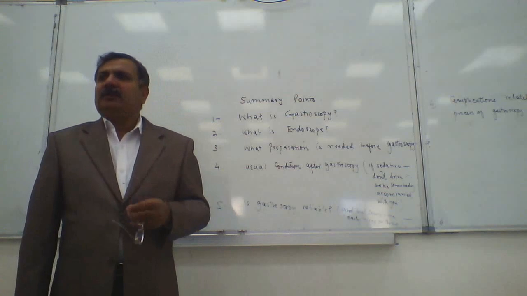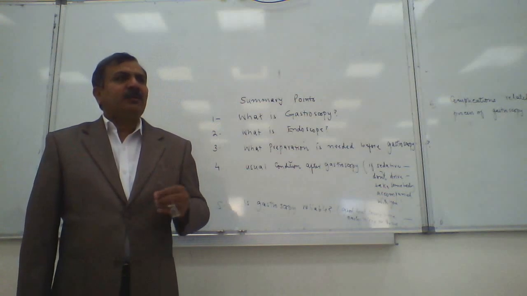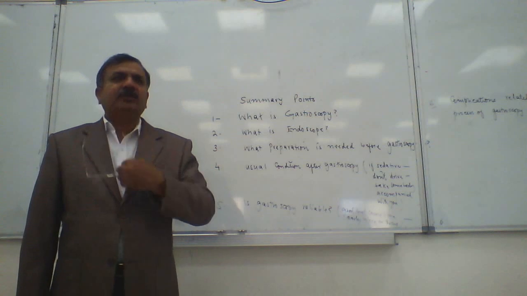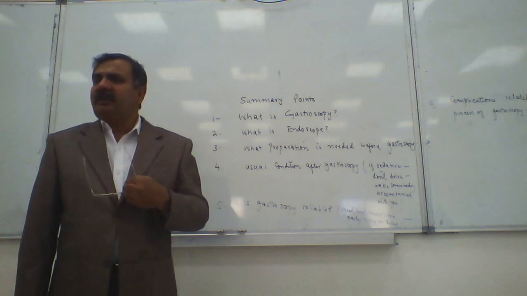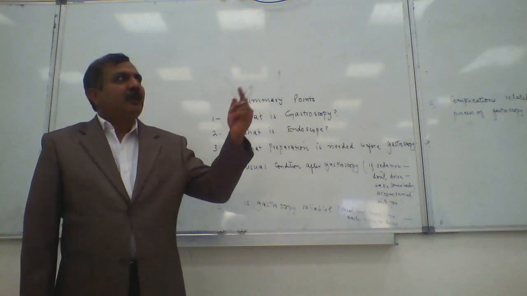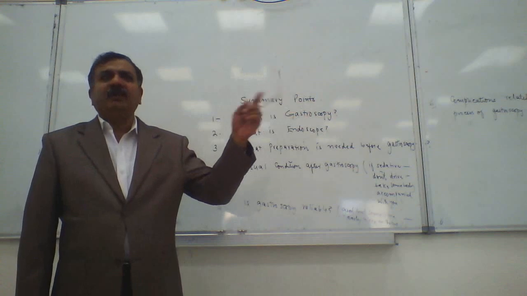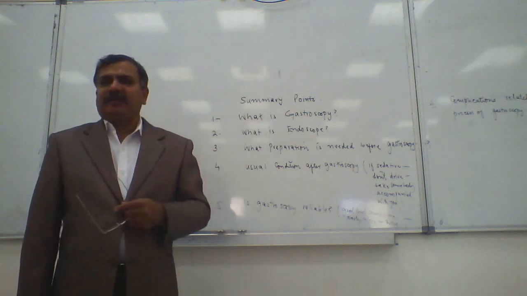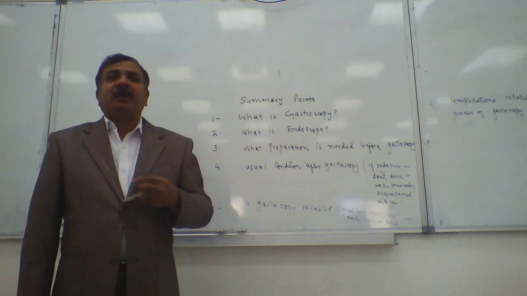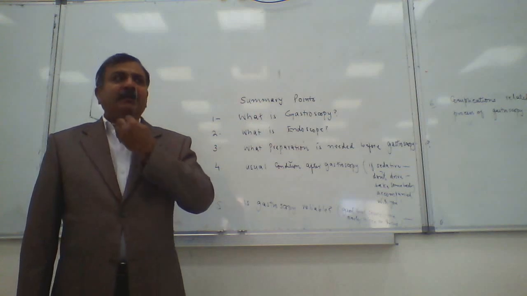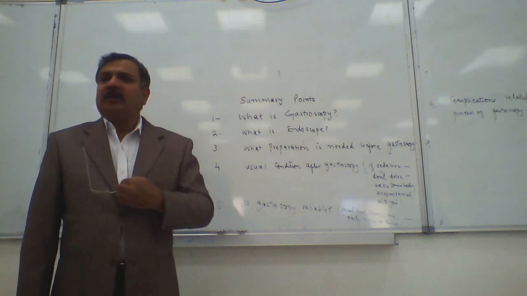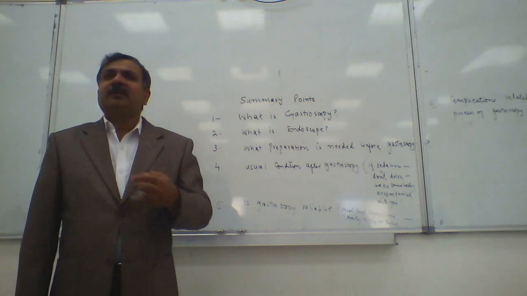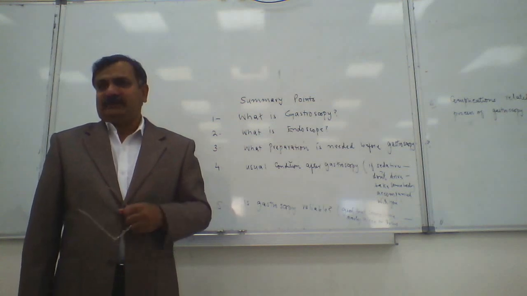How does it work? When an instrument is inserted from the mouth to the stomach, then on the computer screen we find the situation of the stomach inside, right? Because there is a long pipe that goes from the mouth to the stomach, and on the other end of the pipe there is a camera.